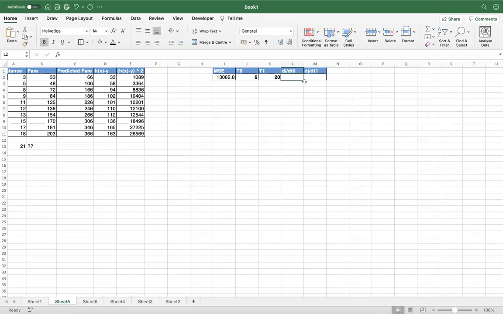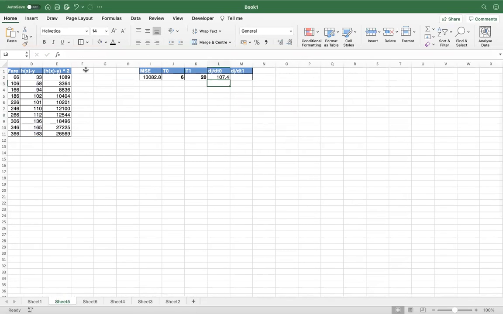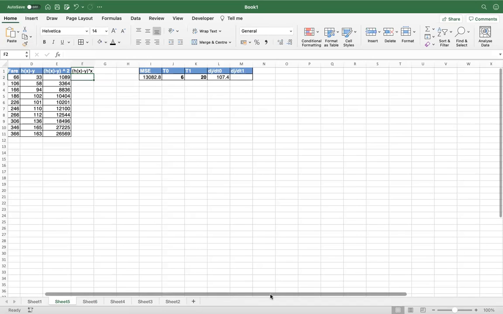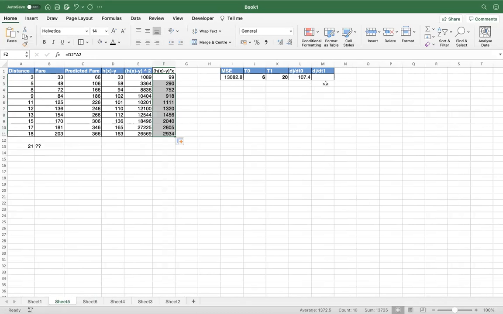Dou j by dou theta naught is equal to the average of h of x minus y, and dou j by dou theta 1 is the average of h of x minus y into x. So first we calculate h of x minus y into x, and then the average is calculated here.